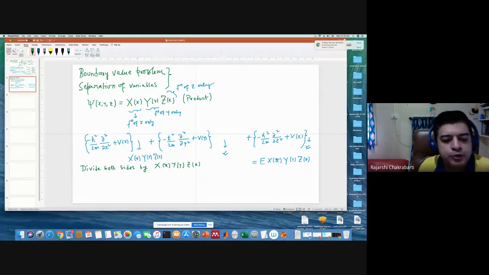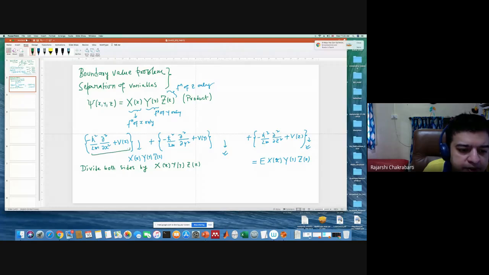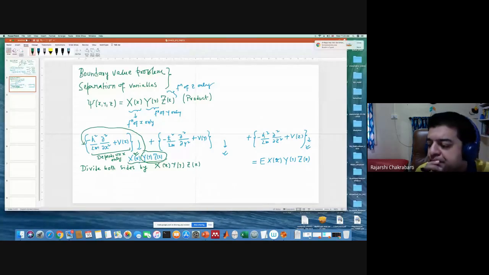Before I divide, just look at it. This operator depends only on x, so it will operate only on this function. This will not operate on this. So these two I can take and put here. Is this fine? Please write in the chat box.